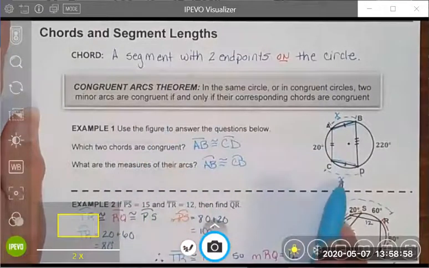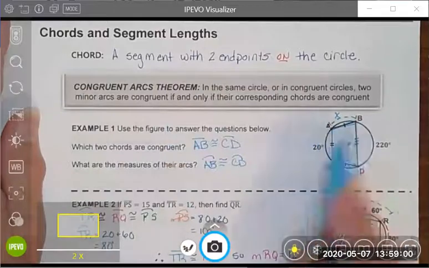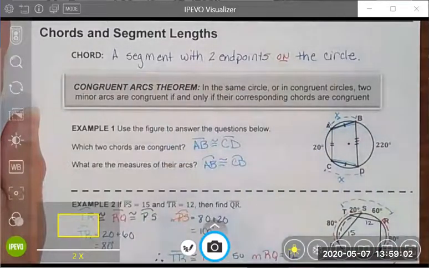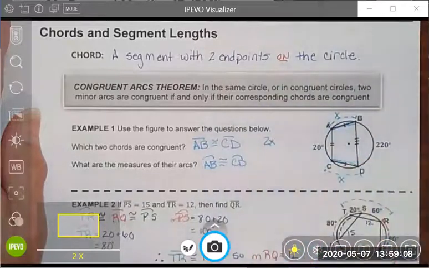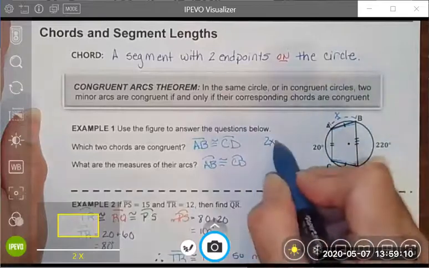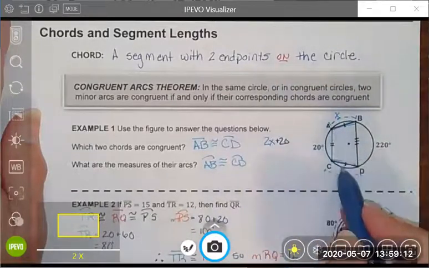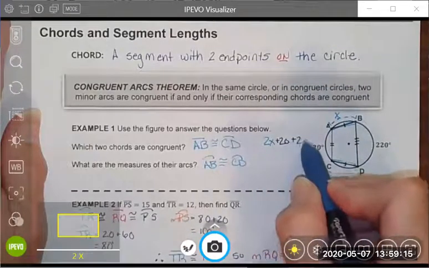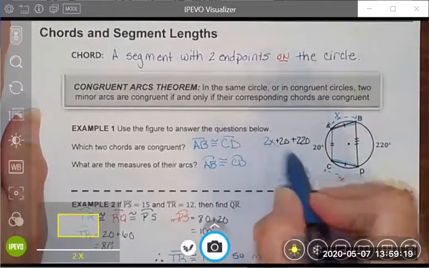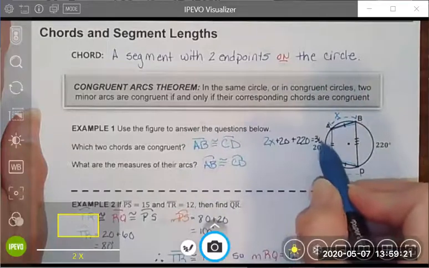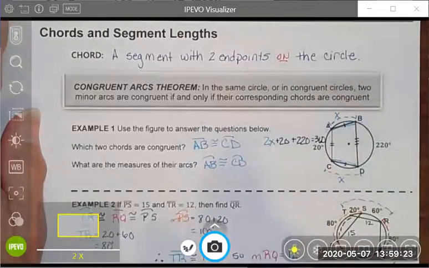And that's pretty handy information to have. I don't actually know the measure of CD or AB, but I could figure it out. If I just give it a value of x, I know these two are congruent. So I could say my two x values plus the 20 degrees to go from A to C plus the 220 degrees to go from B to D will all add up to 360.